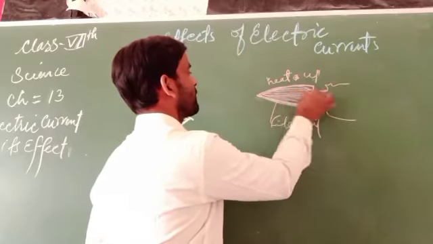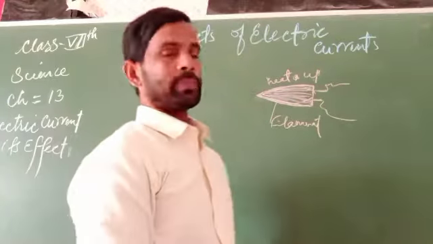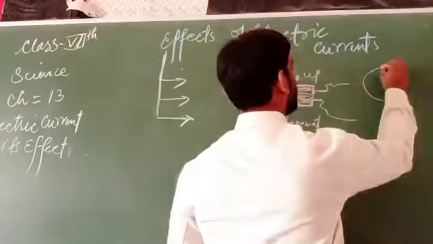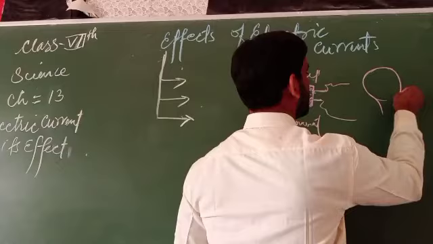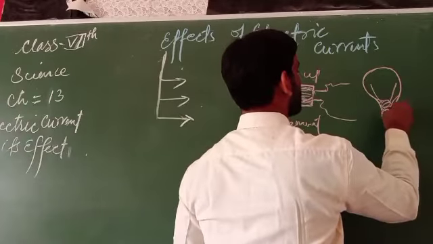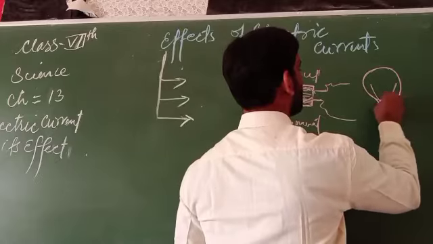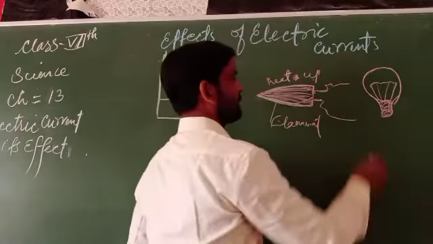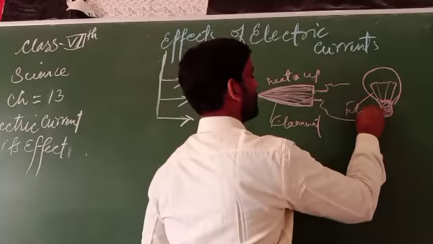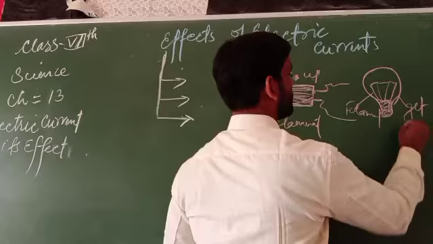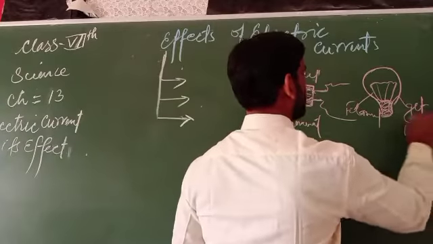In case of an electric bulb, the filament of the bulb also gets heated, and due to heating it starts producing light when it becomes red hot. So this filament gets heated.